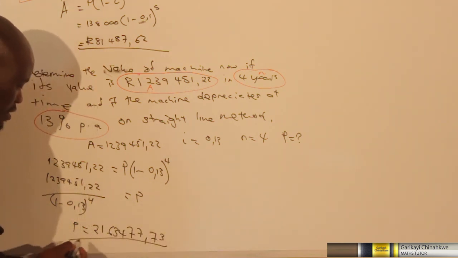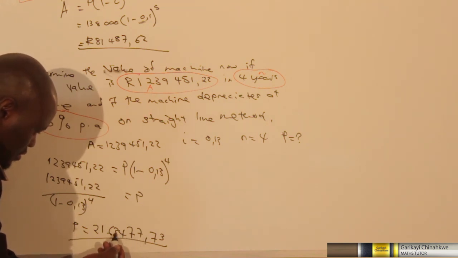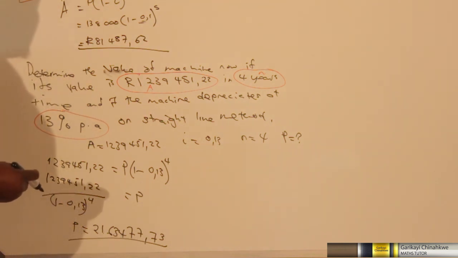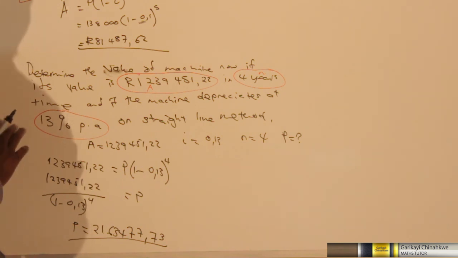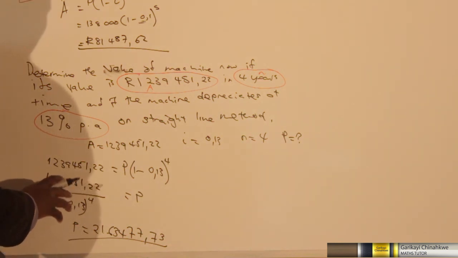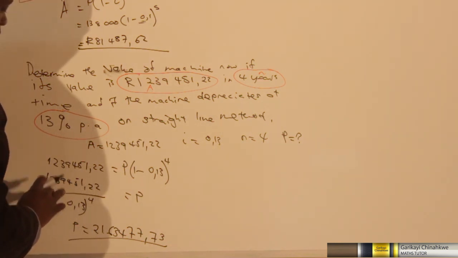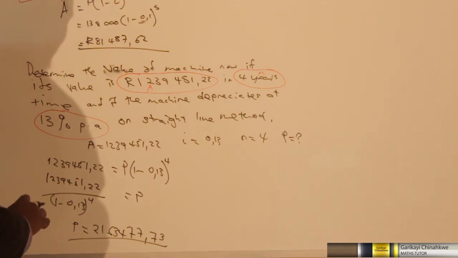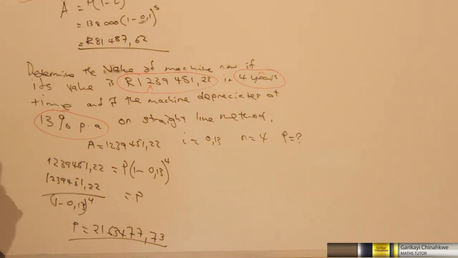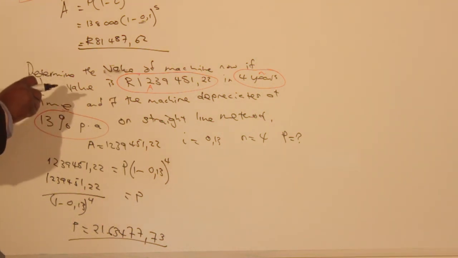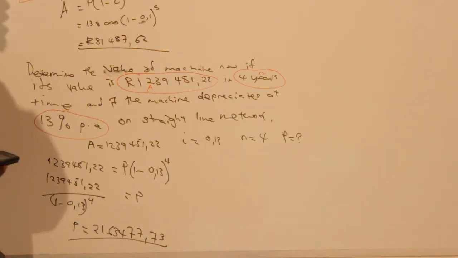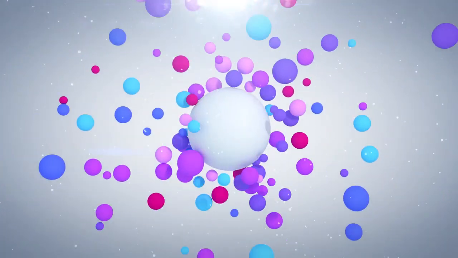That's your P. So in other words, it's 2 million. So which means the machine costs 2,163,477 rands, 63 cents now. So this is the amount of money. This is the value of the machine now.